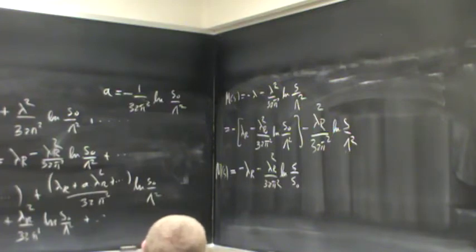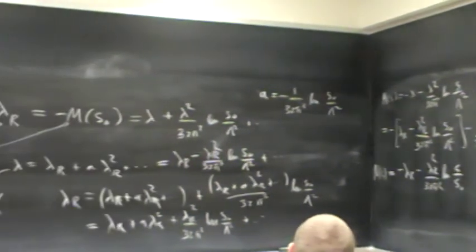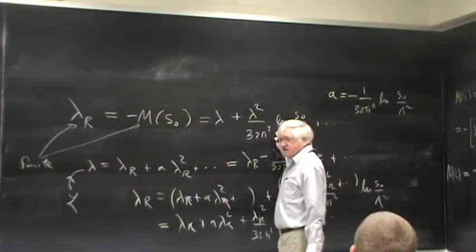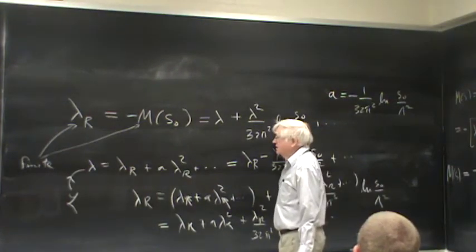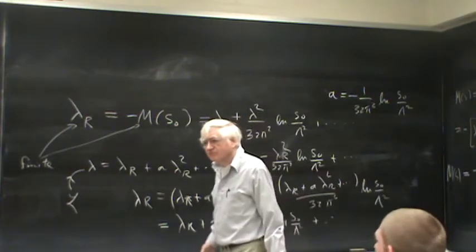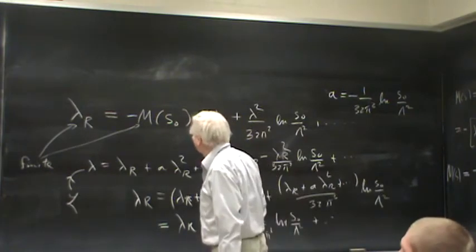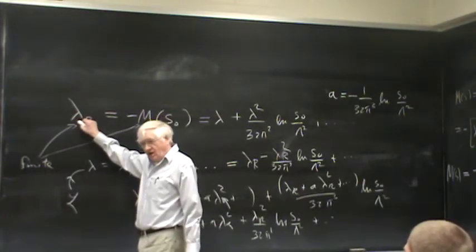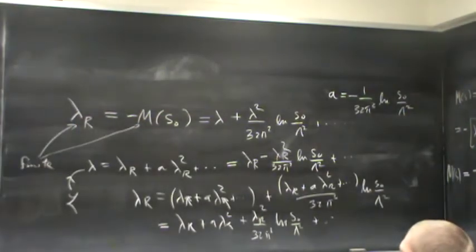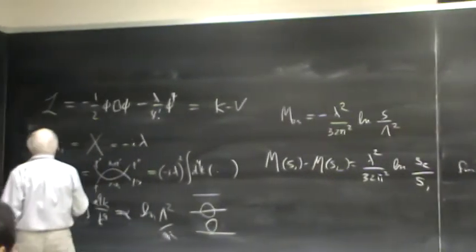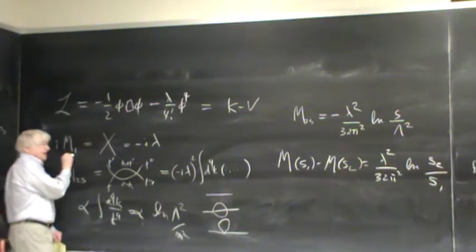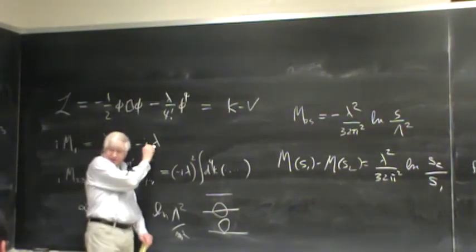Can you explain the first line again? Why do we have this equality? Lambda r is something you just define. Oh, we're going to define a new lambda r. Well, first of all, let's go back here. If we cancel out an i, then the lowest order tree level amplitude is just minus lambda.